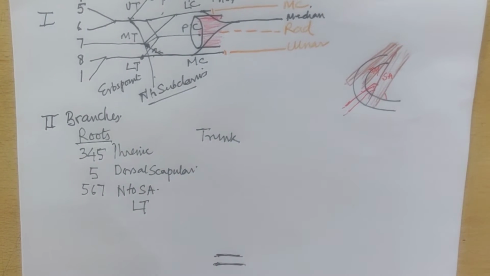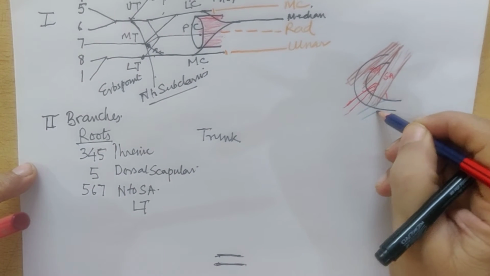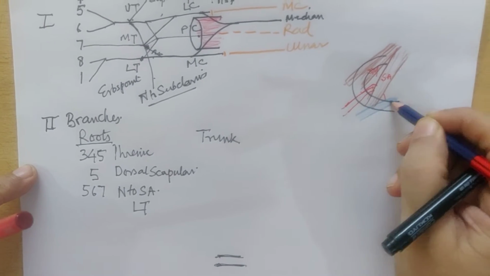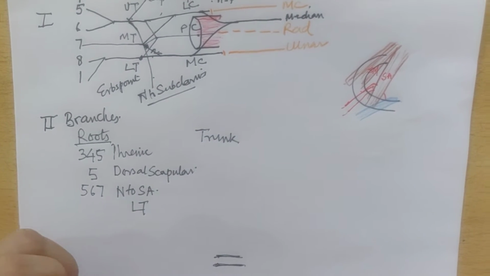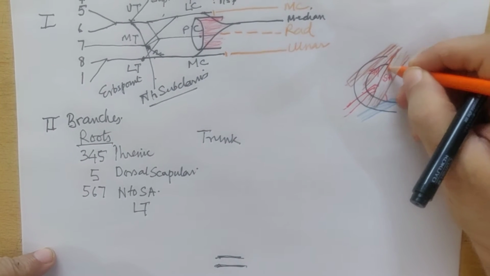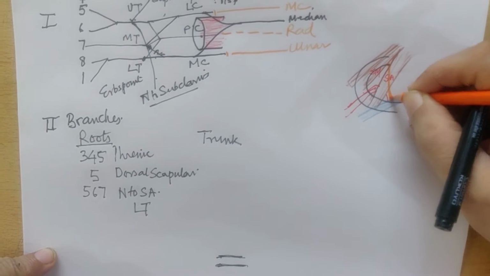Anterior to it is the vein which comes like this and goes anterior to it. Now this is a very important part of anatomy. Winding round the scalenus anterior like this and going into the thorax is the phrenic nerve.